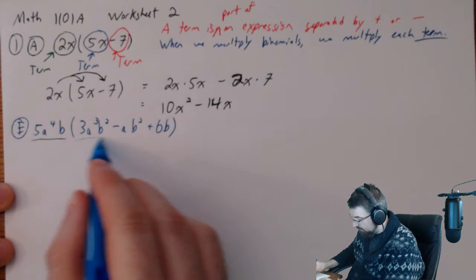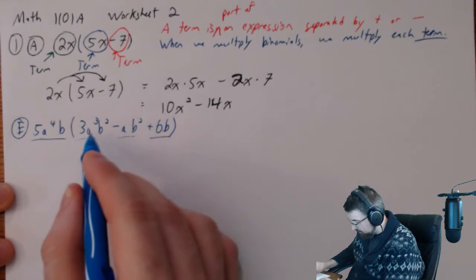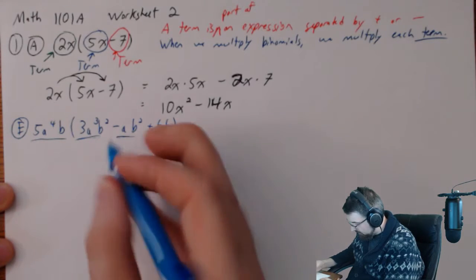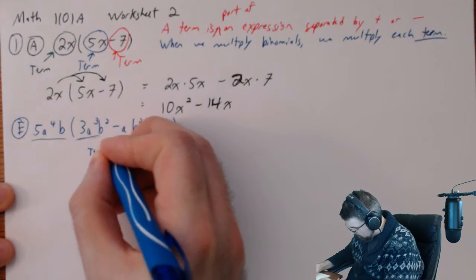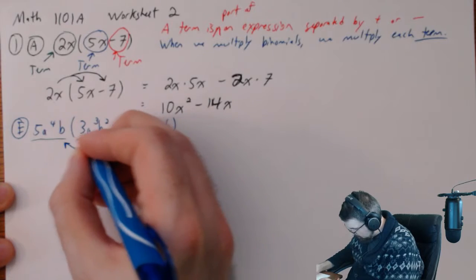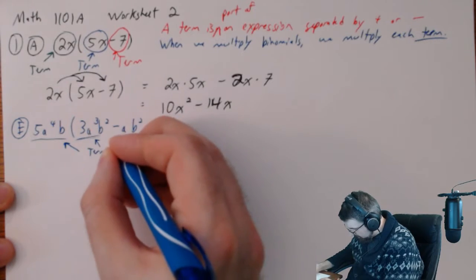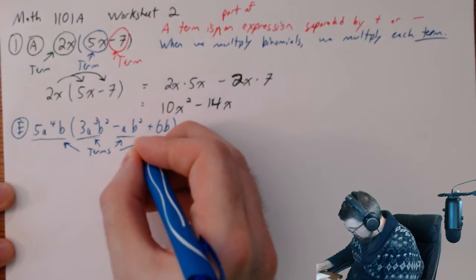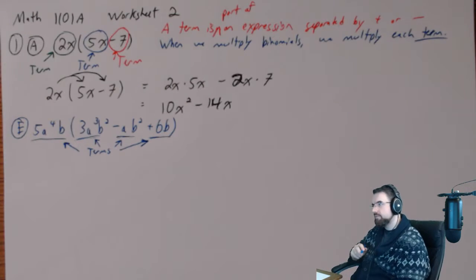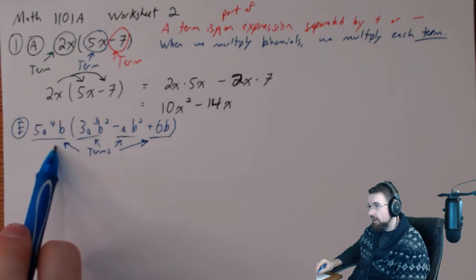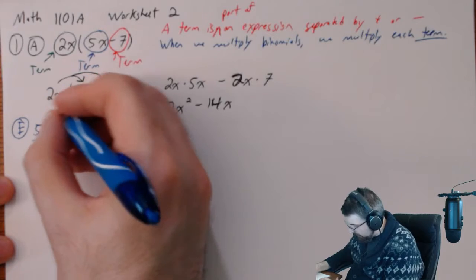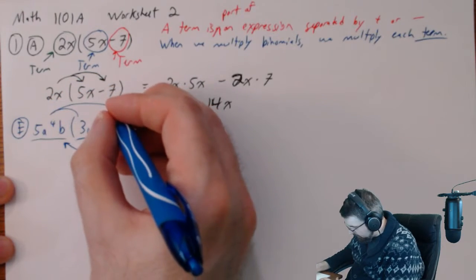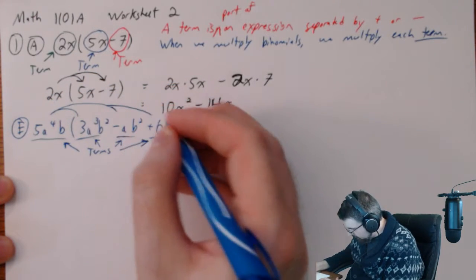So this is a term, this is a term, this is a term, and this is a term. Okay, so this term outside gets multiplied by this one, it gets multiplied by this one, and it gets multiplied by this one.